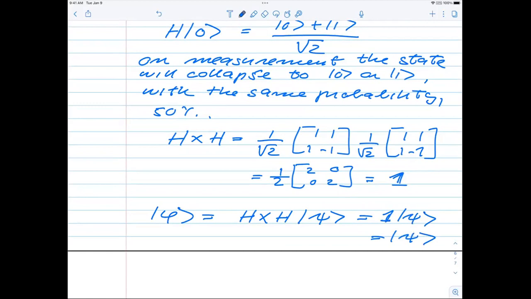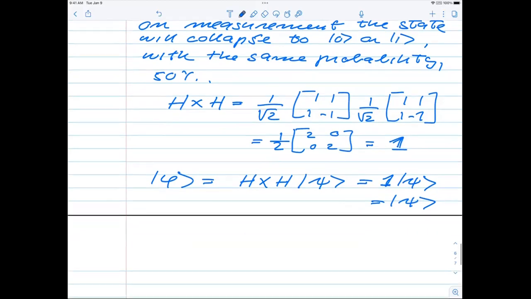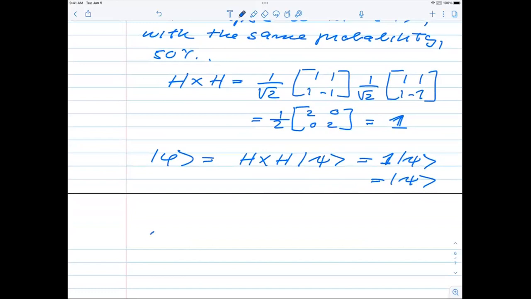So with the Hadamard gate, if we perform two operations, we should be back to the state which we started with. You can actually show that if you perform this many times, you have h times h, etc., times psi, and this is something like h to the power of 2k. So we have to do it twice at least to get this identity matrix, so it's in powers of 2.